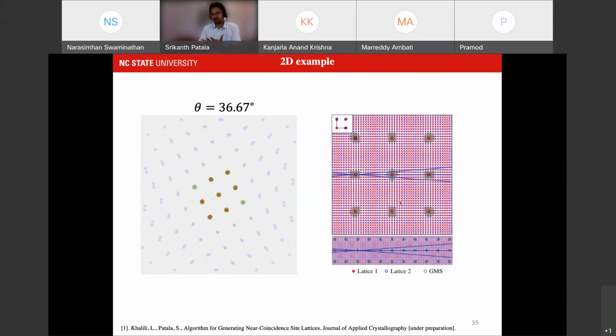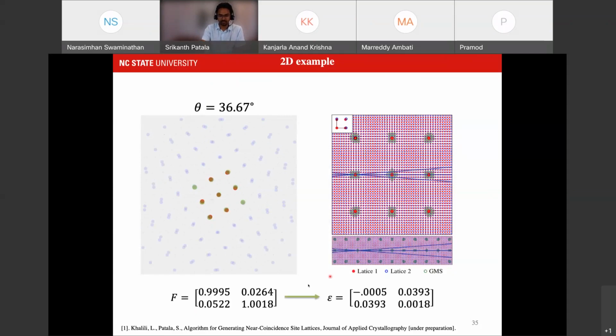the coincident site lattice in dissimilar materials, such as a precipitate and a matrix, or in low symmetry systems. So as you can see here, the mapping is not perfect. There is a distortion between the two lattices, but we can use the point pattern matching technique to identify this mapping. The point pattern matching also gives me a strain tensor.